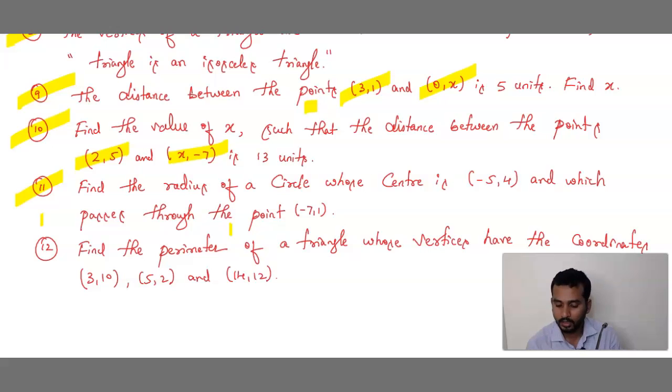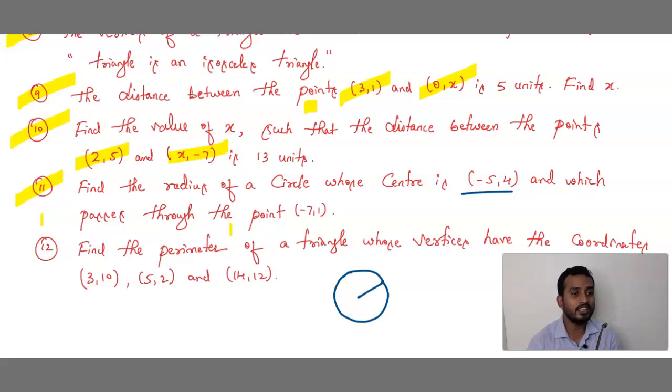Example, you can see here, this is the circle, and this is the center of the circle, which is (-5, 4). It passes through the point (-7, 1). So you can find the radius of the circle.